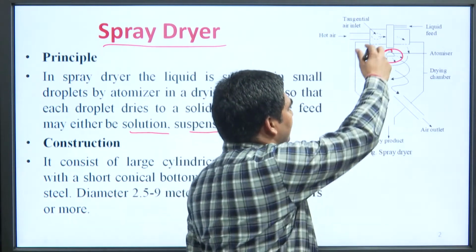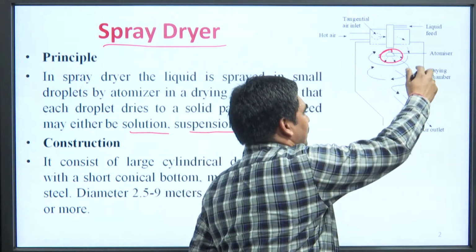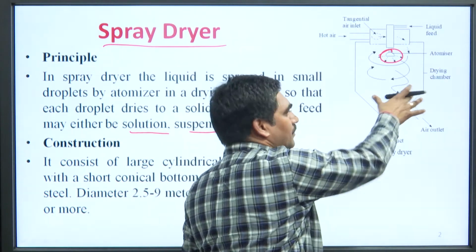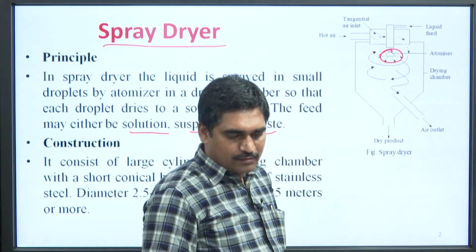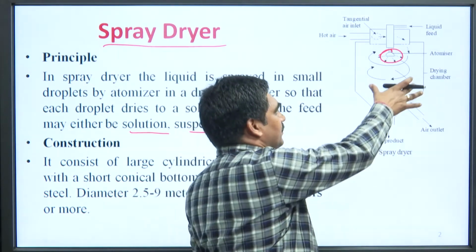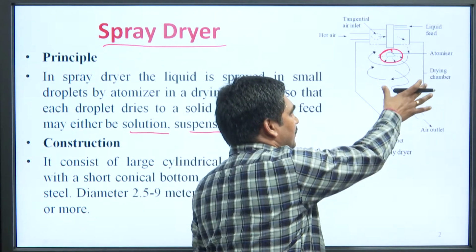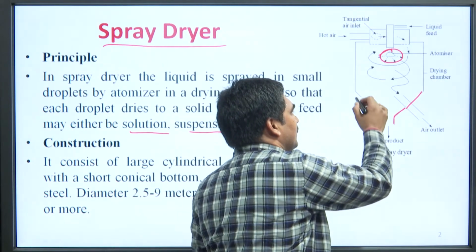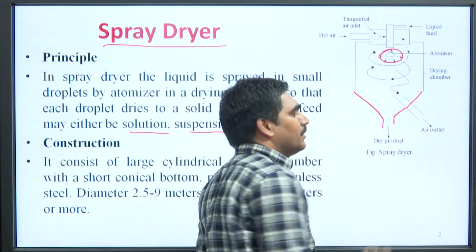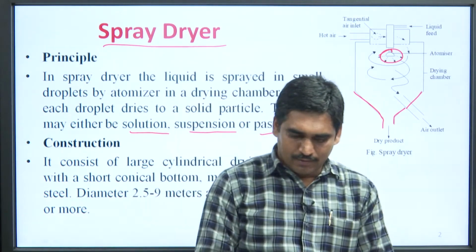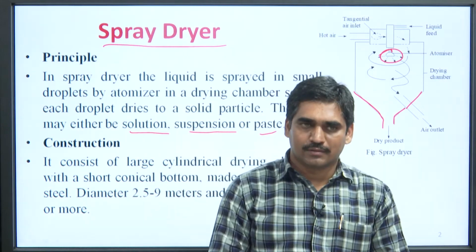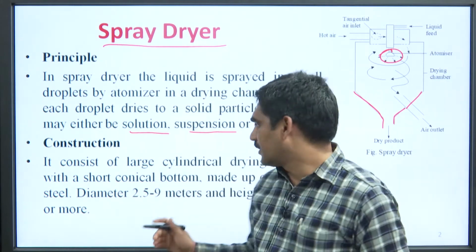As you see in the diagram, this is the cylindrical drying chamber, and at the bottom is a short conical bottom. This dryer is made of stainless steel.